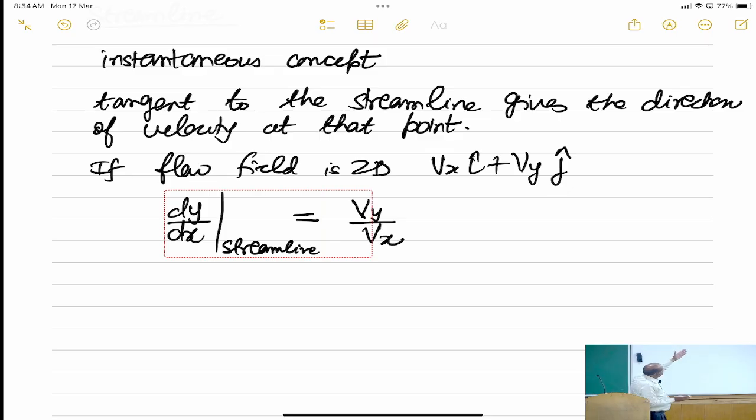So tangent to the streamline will be equal to Vy upon Vx. So here for a two-dimensional case, it will be a straightforward thing that you will be able to get the streamline by this equation.